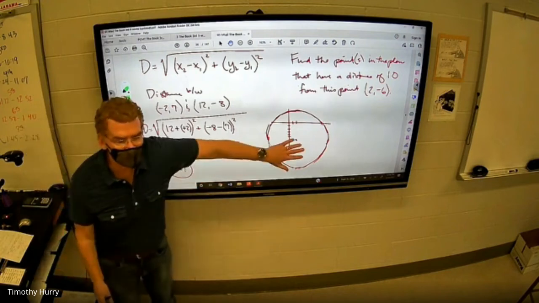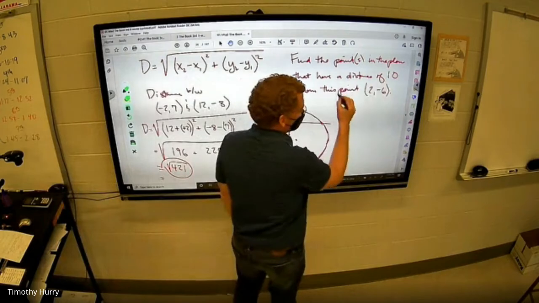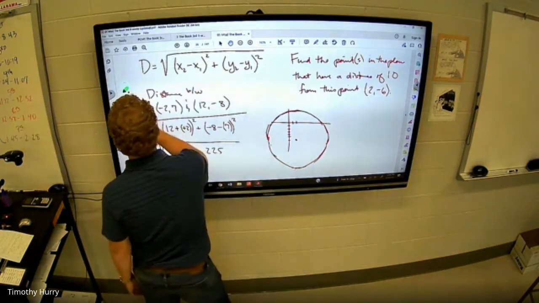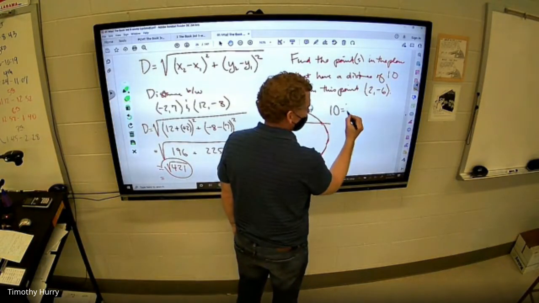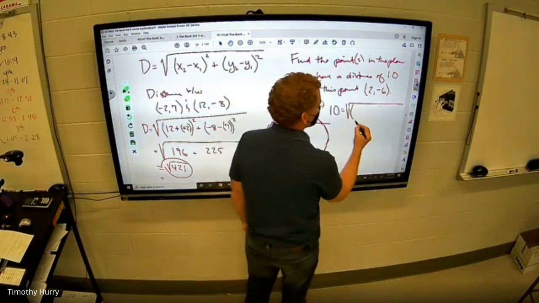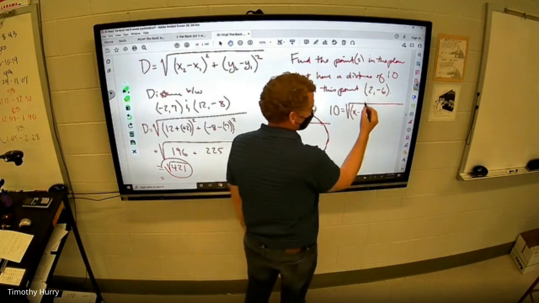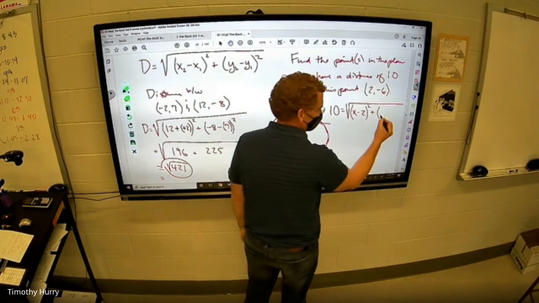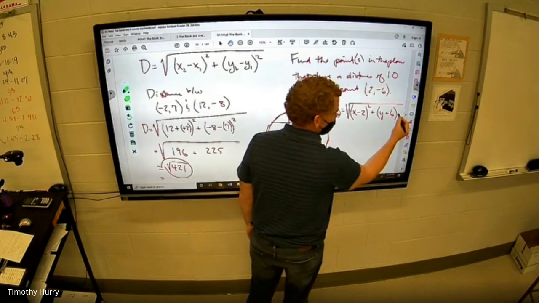Anyway, the point is, if you think about the distance formula and I'm plugging everything in, distance 10 is the square root of, and what's the formula say? x1 minus x2 squared, and then y1 minus y2, which makes that positive, squared.